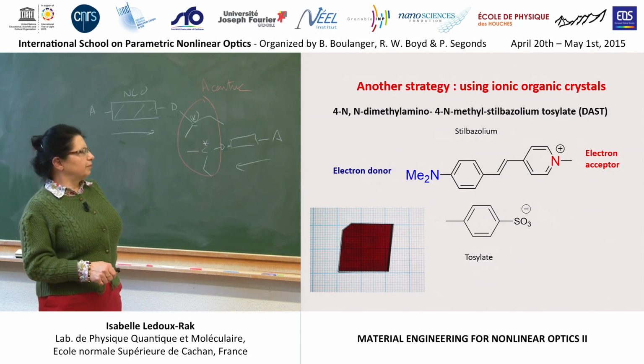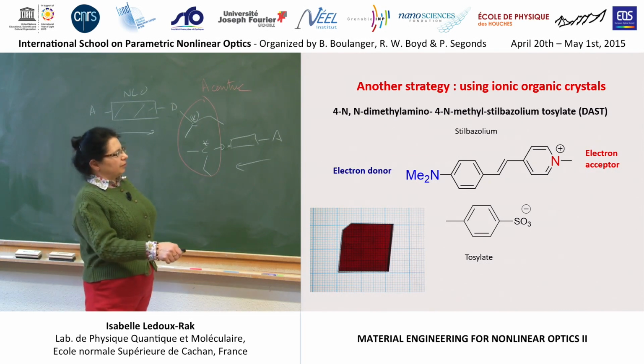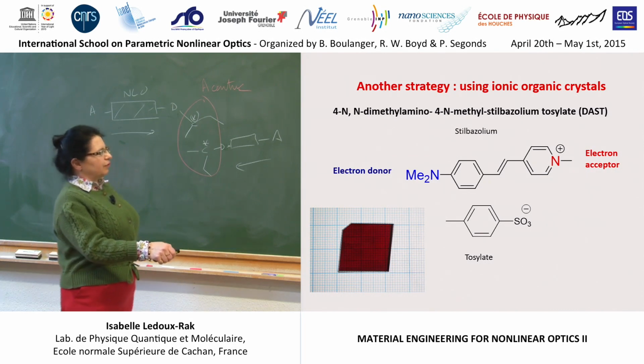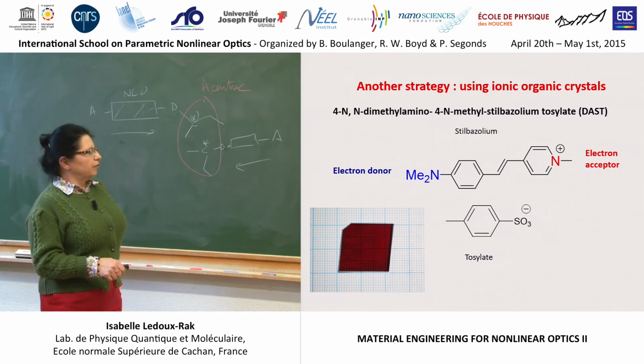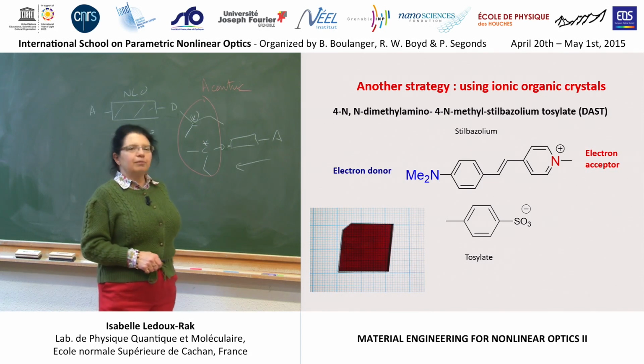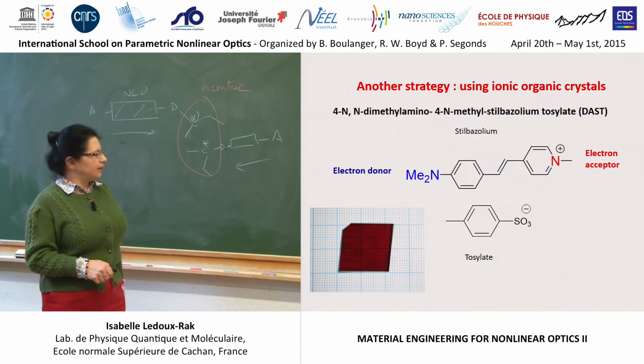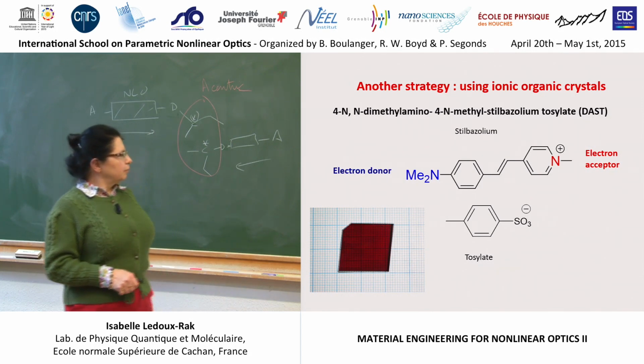Stilbene is the group of these two rings with the double bonds, and -ium because of this positive nitrogen here, and this strong donor here. Of course, a counter ion should be found. So this is the so-called tosylate ion, methyl and SO3.